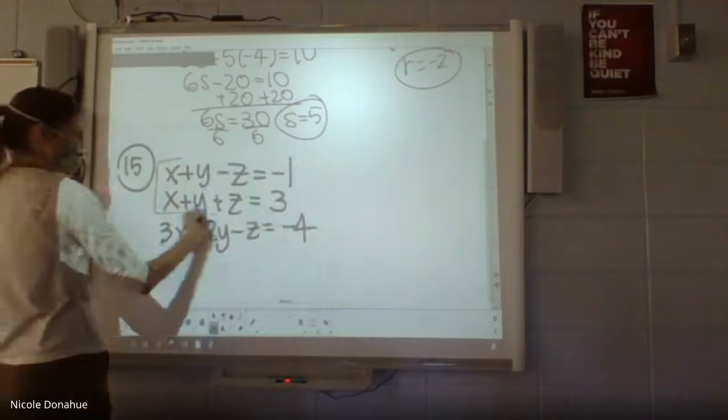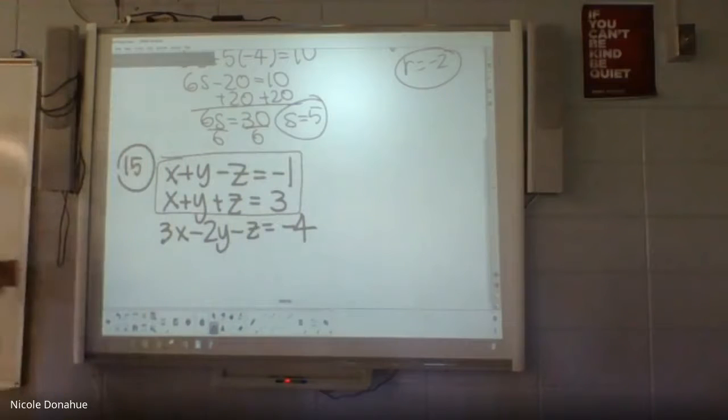So these two together can be combined to get rid of z. And I want to get rid of the same variable each time. Okay. I'm writing the problems up though, so I'd rather you just do it with us, please.